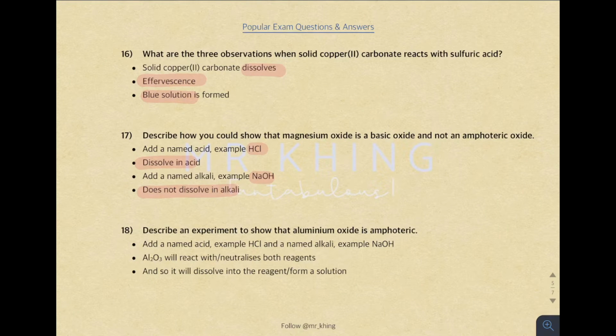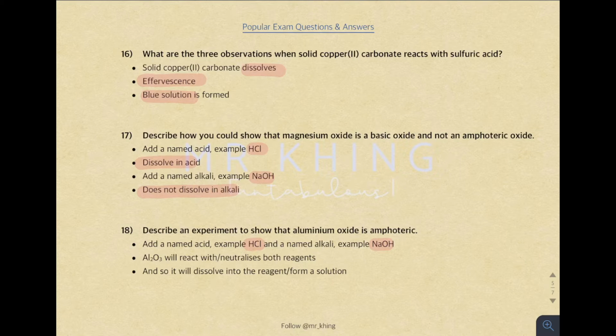Then next, how can we show that the compound is amphoteric? Same thing, we have to test with both acid and alkaline, and it will dissolve in both acid and alkaline. We add acid, we add alkaline. One more thing, in the exam, do not just write add acid and alkaline.